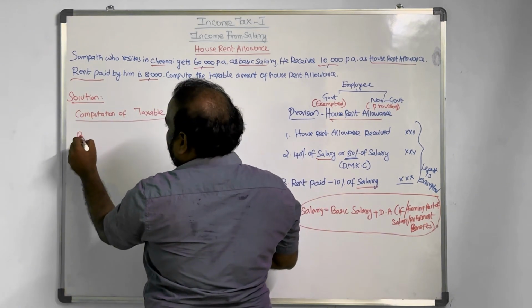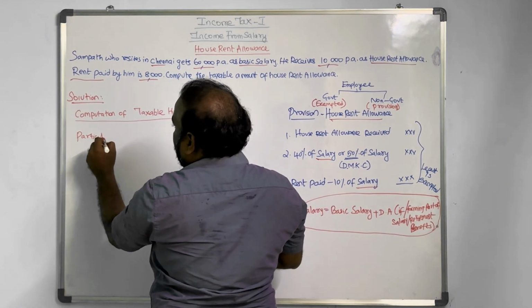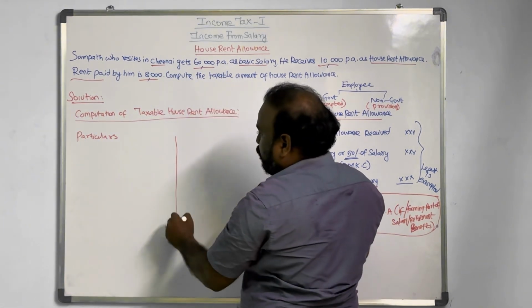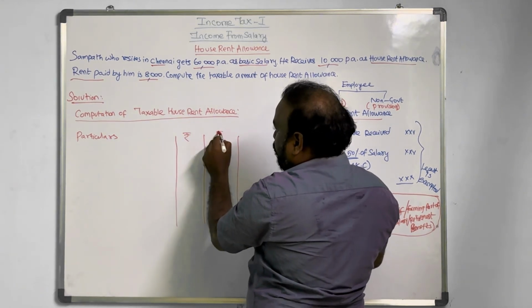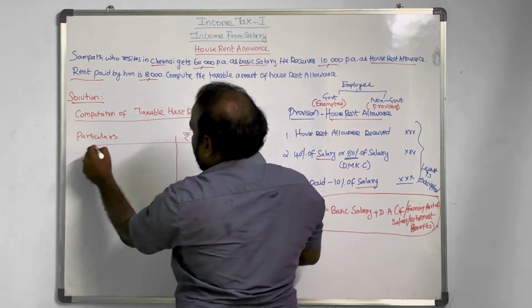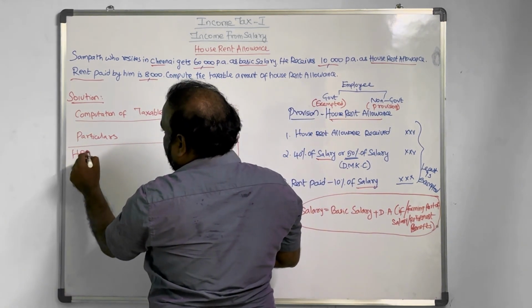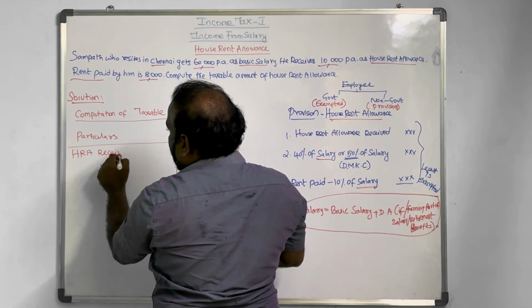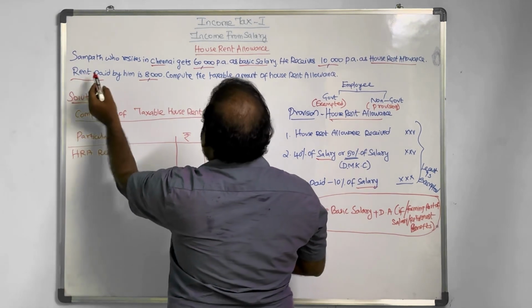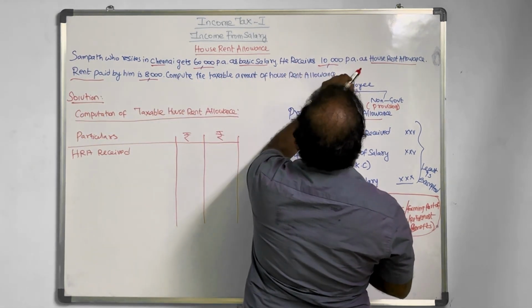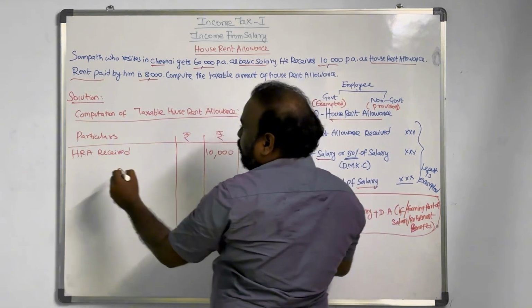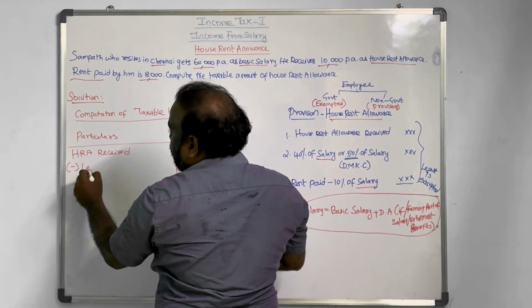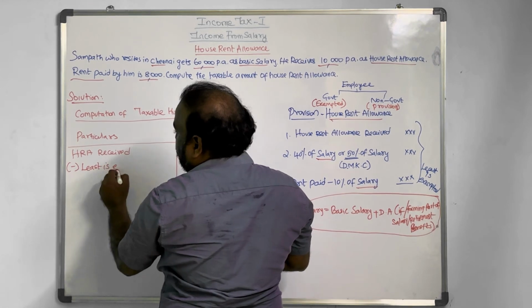Draw 4 columns: particulars, then amount, that is inner column and outer column. So the first one is HRA received. Write the amount in the outer column. He received 10,000 per annum as HRA. In the outer column, write 10,000, minus least is exempted.